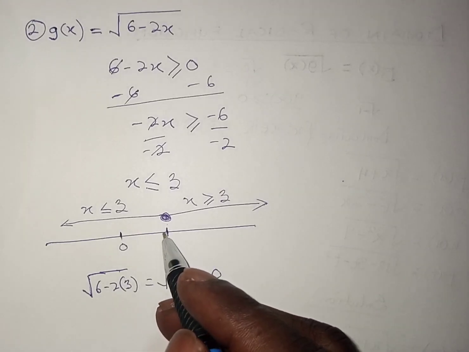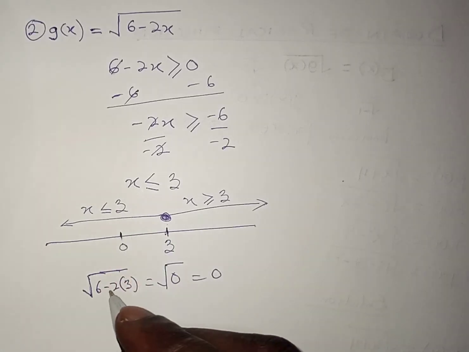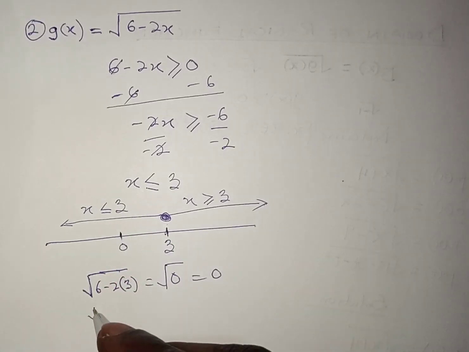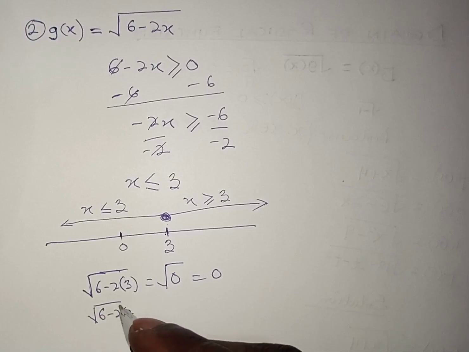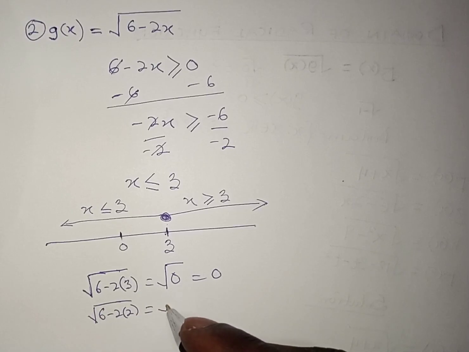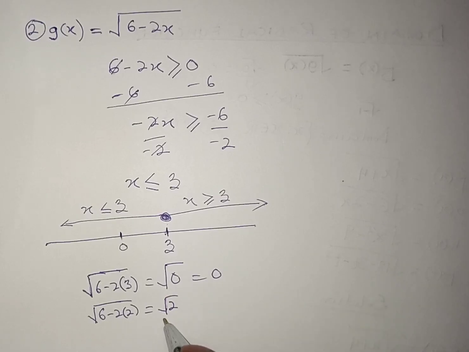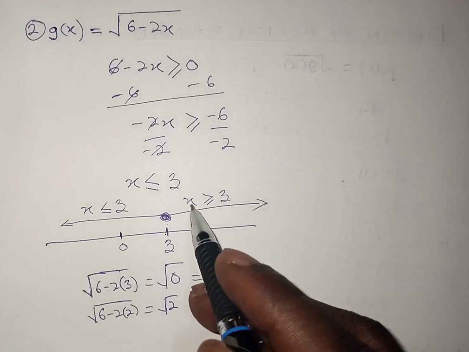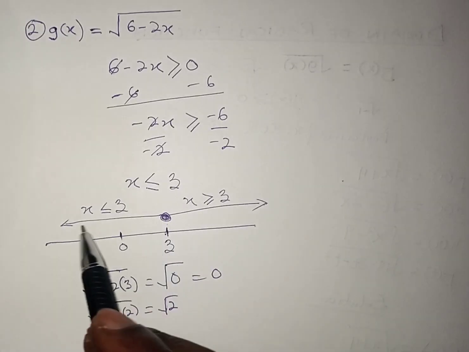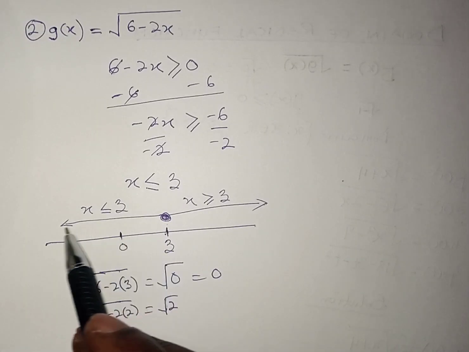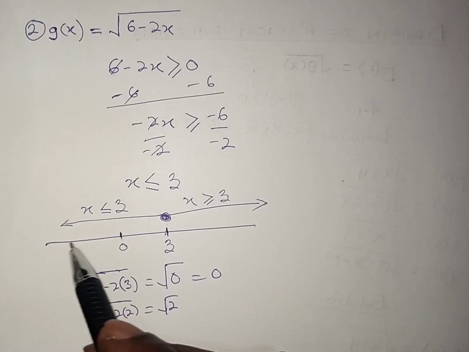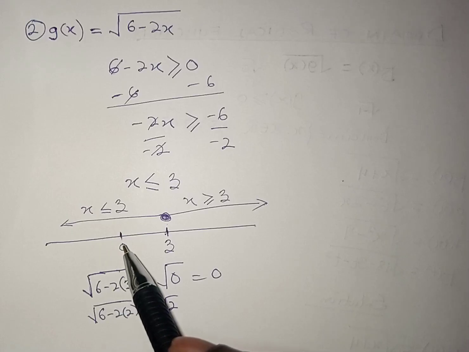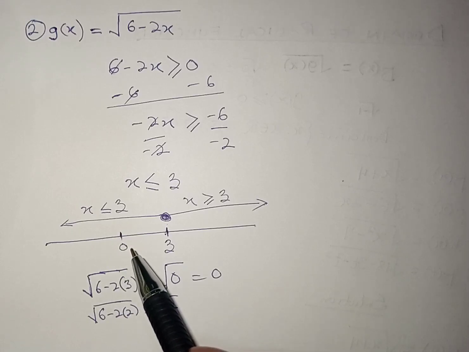Let me pick another number which is less than 3. I will pick 2. So if I'm picking 2, then I will have 6 minus 2 multiplying 2, and that gives me the square root of 2. And that one is also what? Defined. So it means that as I'm moving in the left direction, every number I pick will be what? Defined. All right, good.